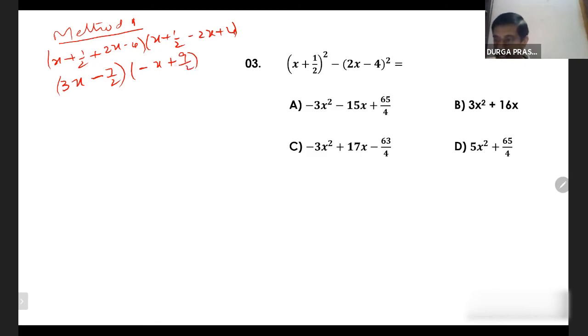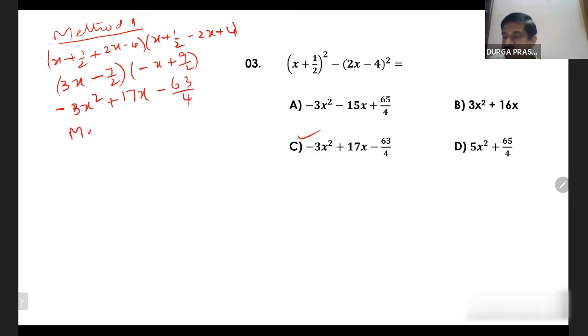So if you take expansion, this becomes minus 3x square, then 27 by 2 plus 7 by 2, 27 plus 7, 34 by 2, that is 17x. So minus 3x square plus 17x is there in only one option. So the method ends there. So automatically it should be minus 63 by 4.